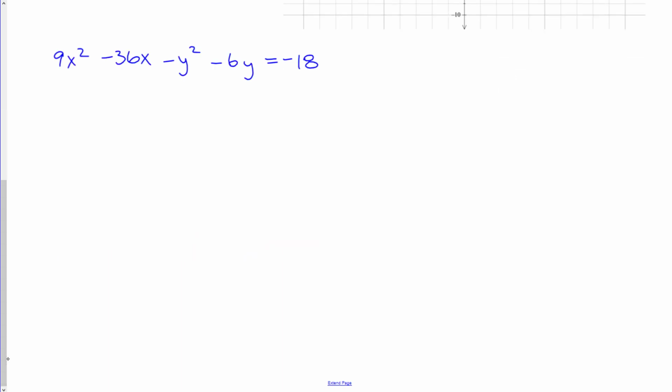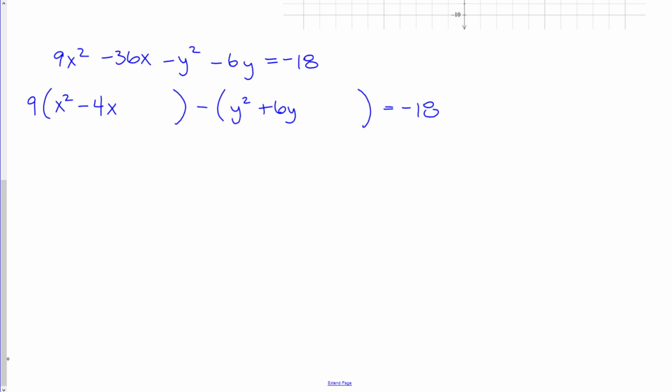Okay, so I'm going to convert this to a standard form equation, and to do that I have to use completing the square. So it's going to be 9 times x squared minus 4x plus something, minus y squared plus 6y plus something, equals negative 18. Alright, completing the square, I take the b term, which in my first parentheses is negative 4. Divide that by 2, so that's negative 2, and then I square it.